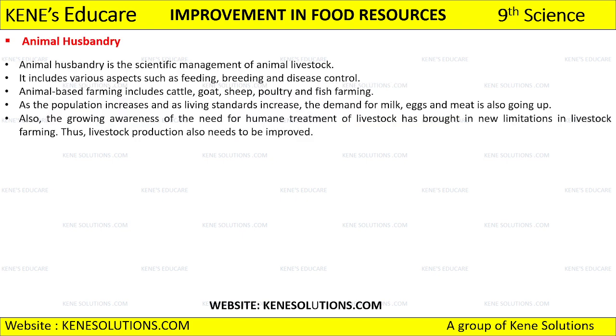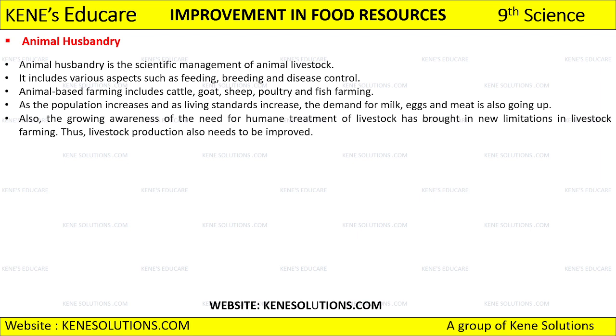After this, now we need to start with animal husbandry, right? So see, animal husbandry is the scientific management of animal livestock. It is the scientific management of animal livestock, which includes various aspects such as feeding, breeding, and disease control.